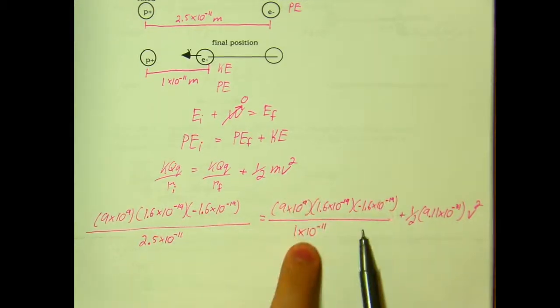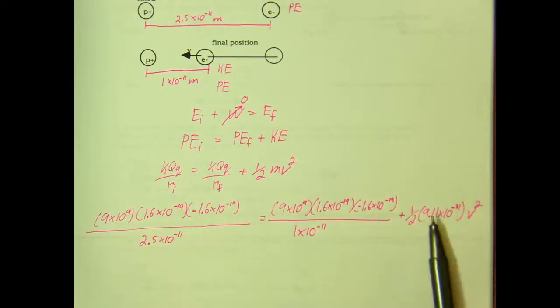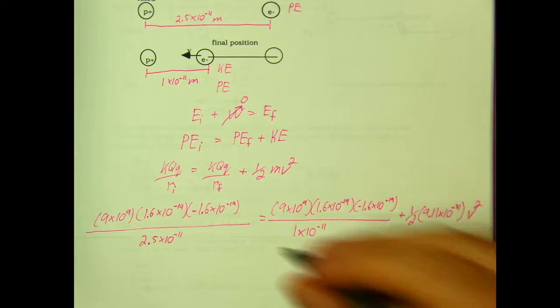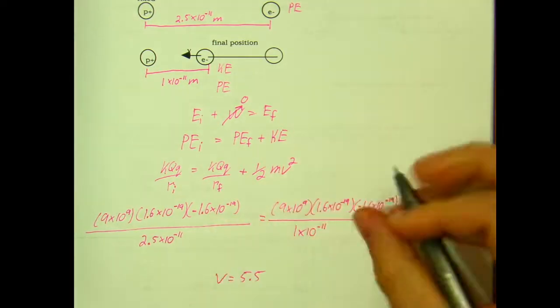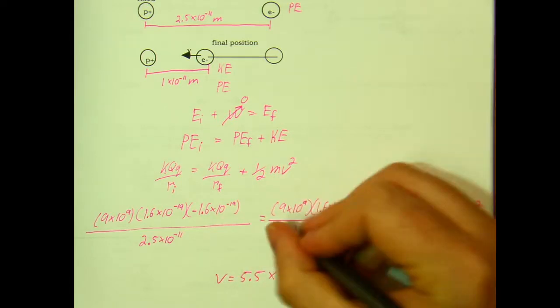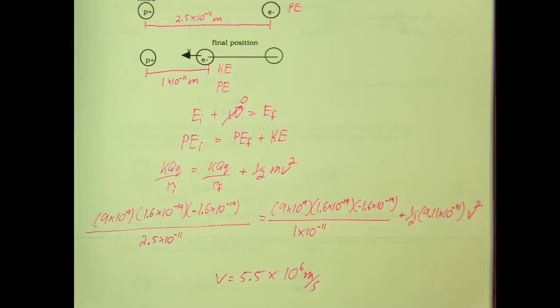This is just some number. Solve for v, subtract that over, multiply by 2, divide by this, square root, and you should see, and I'll leave that calculation to you just to verify, that the speed of the electron is 5.5 times 10 to the 6 meters per second. This thing is moving incredibly quickly, but that's the setup of the equation, of the question rather.